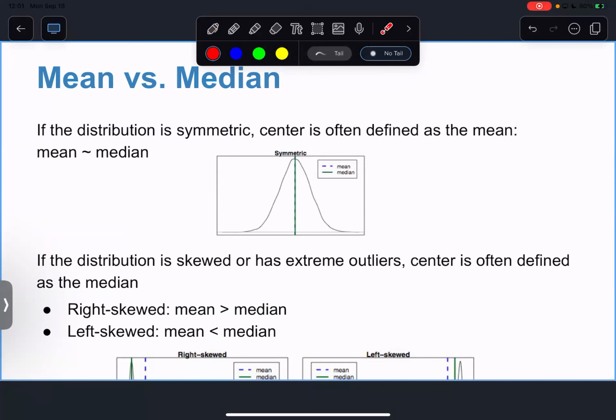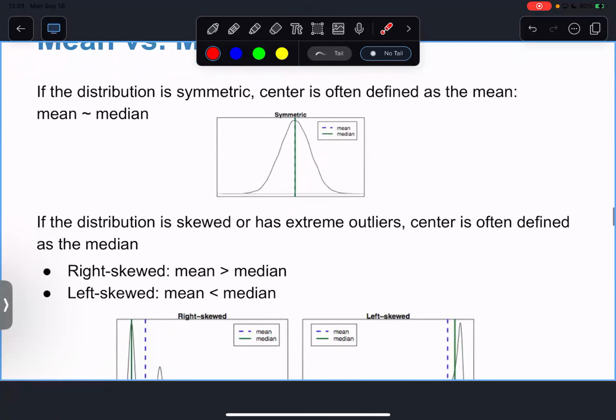I only throw the mode in there because it's what people talk about. Oh, I did a stats class once. Yeah, mean, median, mode, that kind of thing. But the mode is just the peak. So the mean and the median are all roughly in the same position. They don't have to be exactly the same, but roughly.